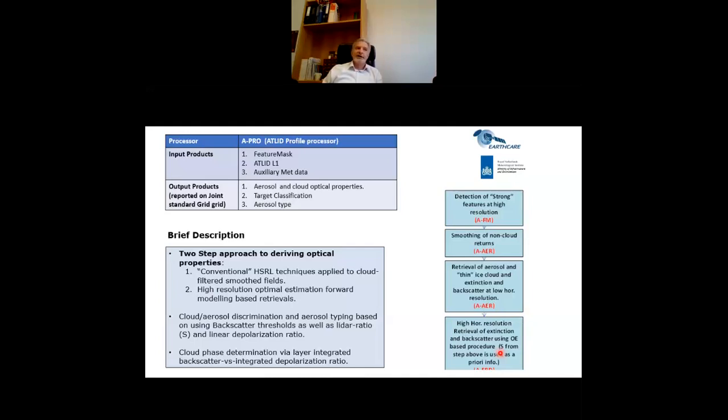But this will be important, especially for people that want to assimilate the cloud and aerosol observations together, because it'll be in the same data product, so for 1 pixel they'll have to be able to track back to see what horizontal scale is really represented. I know from people that do data assimilation, they don't like that kind of thing, but we couldn't come up with a better solution.